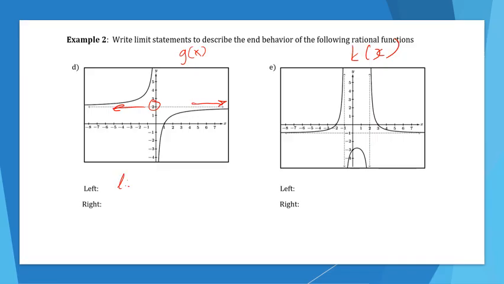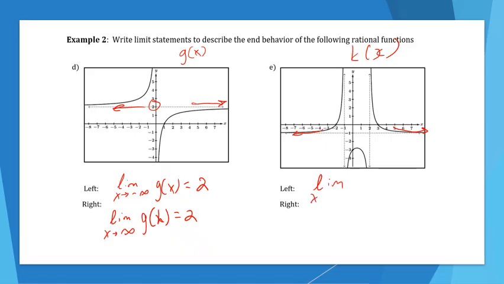So our limit statement should be the limit as x approaches negative infinity and the limit as x approaches positive infinity of g of x will both equal 2. And then this one, as we go to the left and to the right forever, this is going to approach negative 1. So let's write those in here.